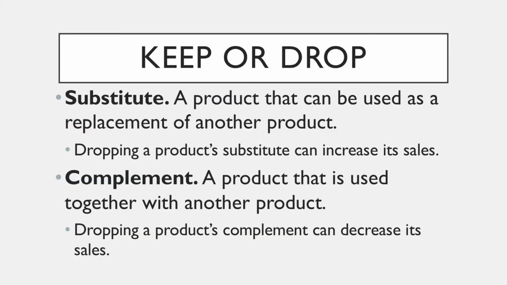A substitute is a product that can be used as a replacement of another product. As such, dropping a product substitute can increase its sales. Meanwhile, a complement is a product that is used together with that other product. Dropping a product's complement can decrease its sales.